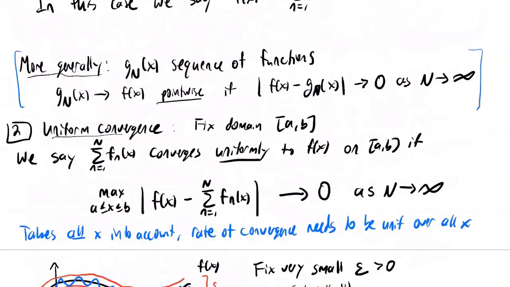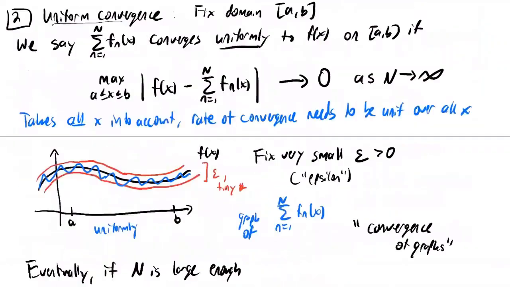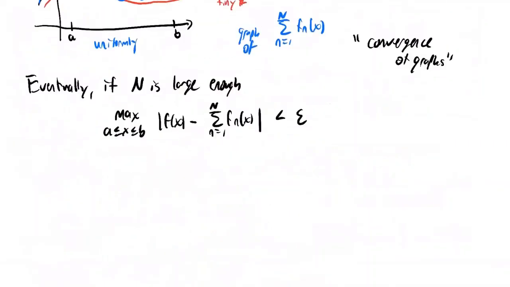Similarly as before, you can define uniform convergence more generally for a sequence of functions, where now, instead of the sum from n equals 1 to capital N, you'll have just some sequence of functions gn with the maximum out here. I'm not going to write that out since we're mainly going to be looking at series. But actually, let me take that back. I should probably write it out because I'm going to do an example later using this notion.